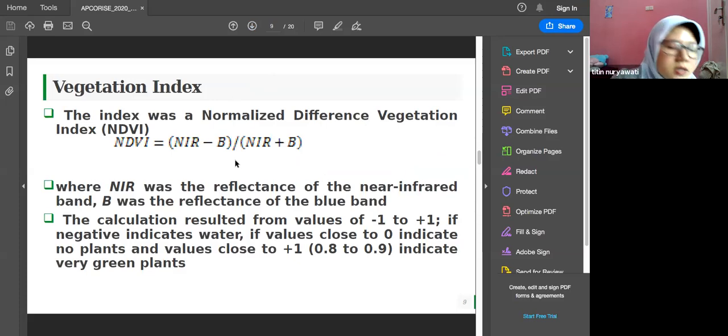After the measurement, we use a vegetation index. We call it the NDVI, the normalized difference vegetation index, to calculate the value of chlorophyll content in the plants. So this value will reflect the condition of nitrogen content in the plant.